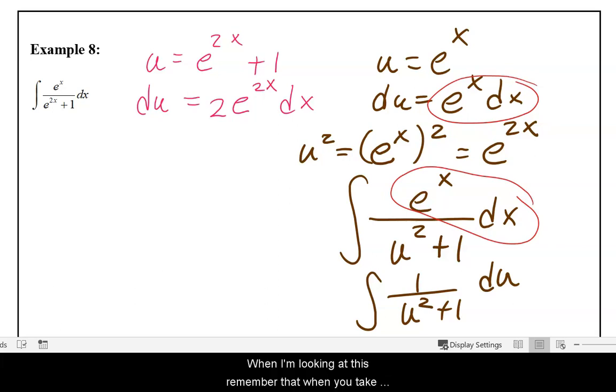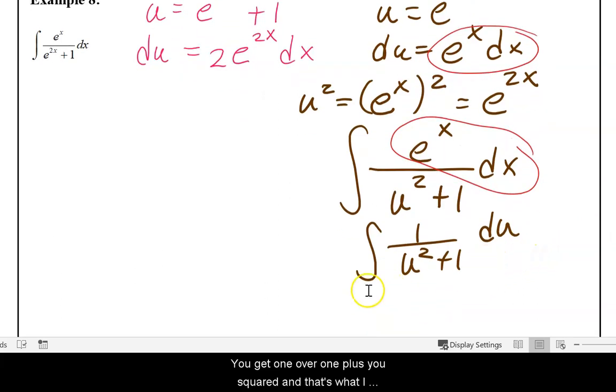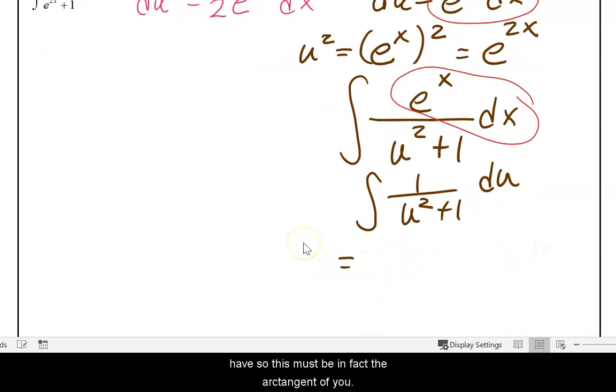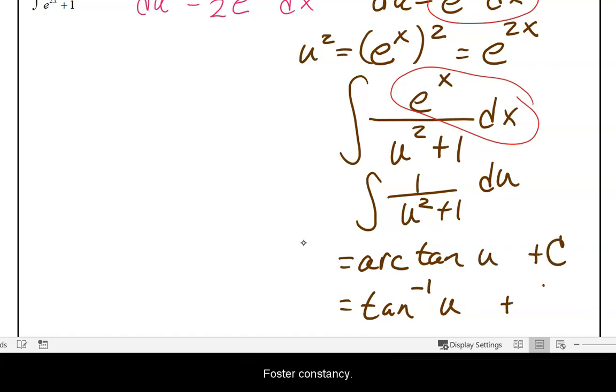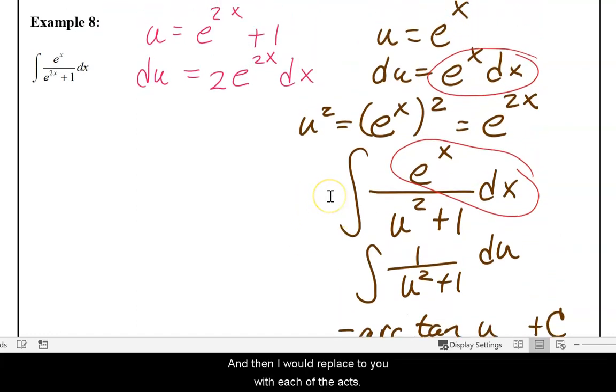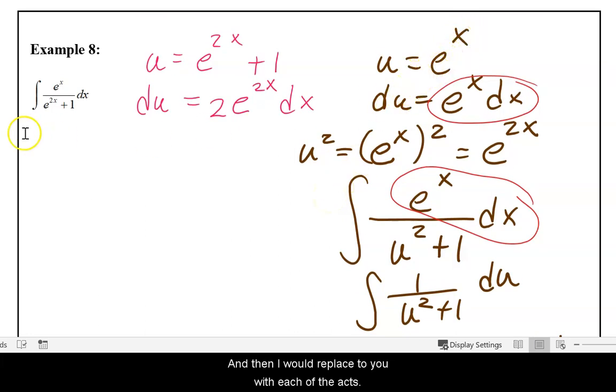When you take the derivative of arctangent, you get 1 over 1 plus u squared, and that's what I have. So this must be, in fact, the arctangent of u. In other words, for those of you who like it in the other form, this is the inverse tangent function of u plus the constant c. And then I would replace the u with e to the x.